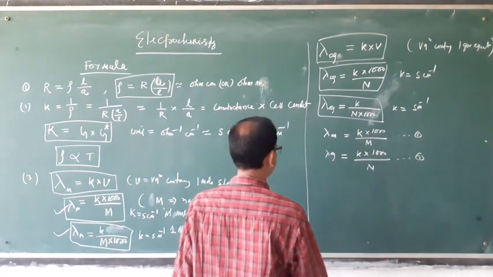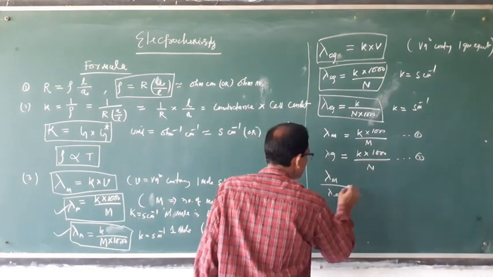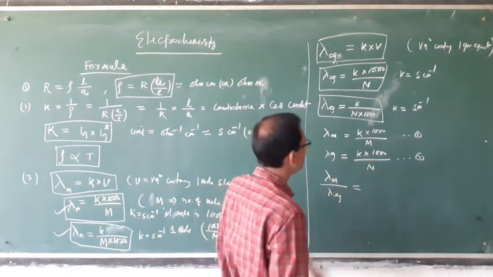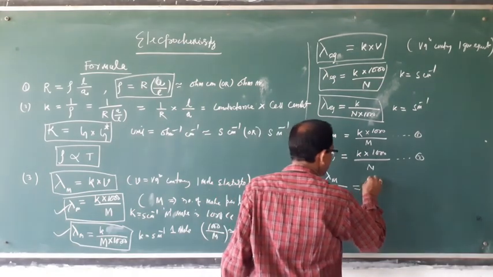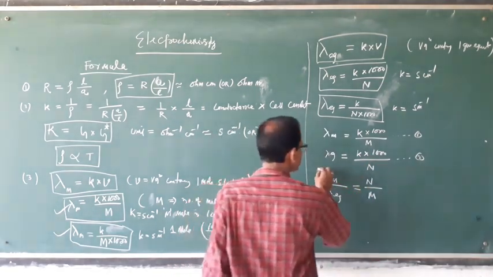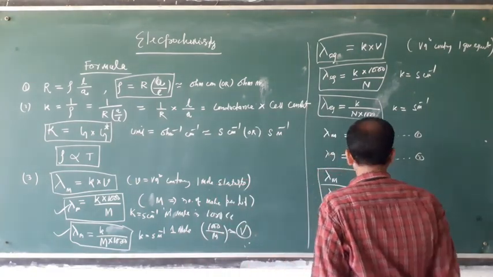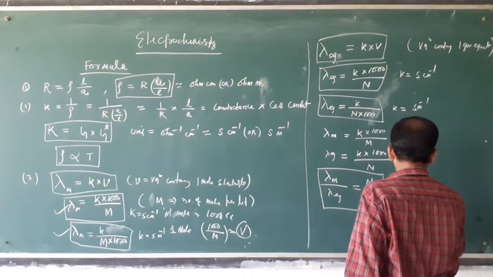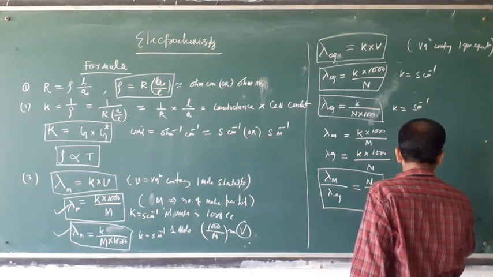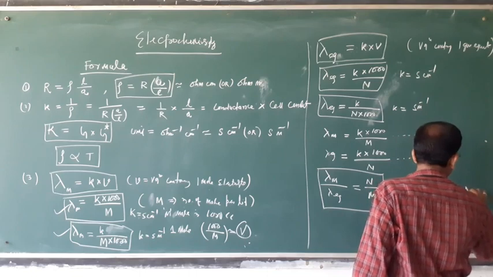If you divide lambda m by lambda equivalent, everything cancels and what remains is N by M. It will reverse. That means you can write in another way that lambda m into molarity is equal to lambda equivalent into normality.